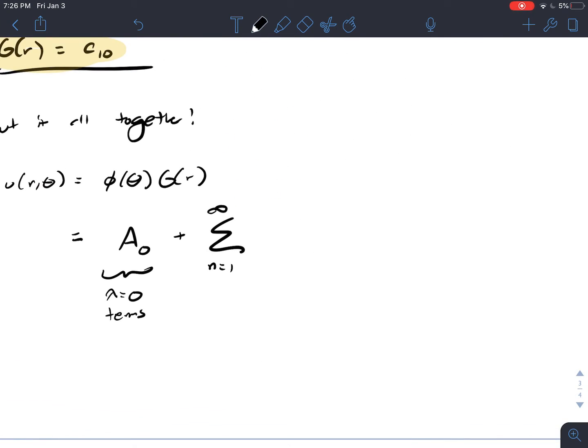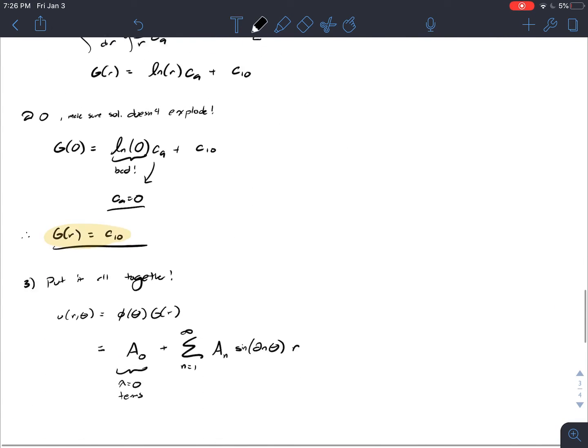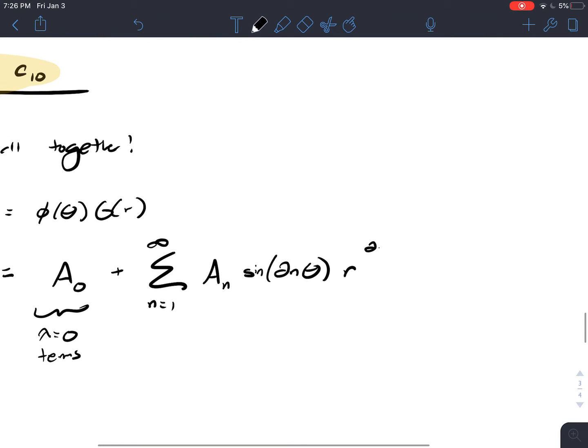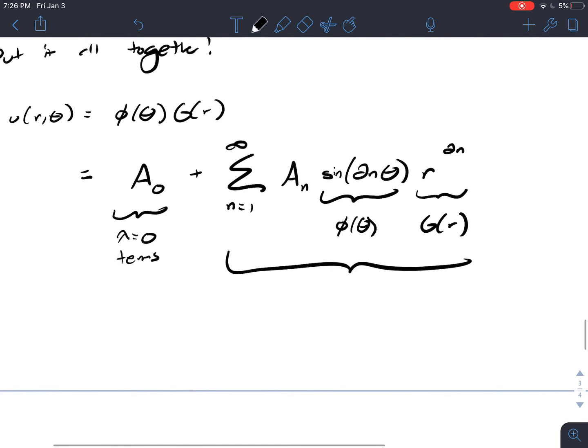Cool. So once again, we're going to call those the big constants and the little constants, and we're going to put them together into one big constant called a of n times sine 2n theta times r, I believe it's 2 to the n. So this is going to be our phi of theta terms, and this is going to be our g of r terms.